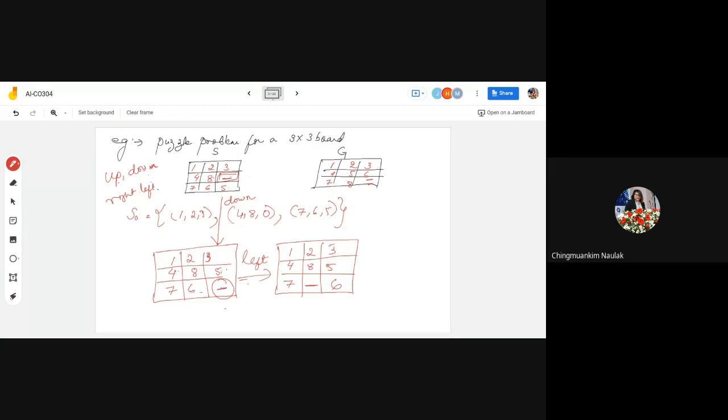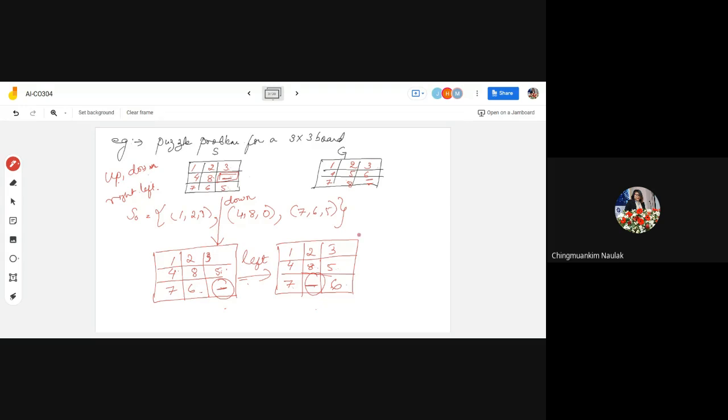1, 2, 3 is fine. 4, 8, 5 is not fine, right? And 7, 6. So here you can either move the empty cell to the right side, left side, or upper side, not down, because there is nothing below, right? If you compare it with the goal state, 8 is down here. So if you move this cell upward, 8 will come downward, right?